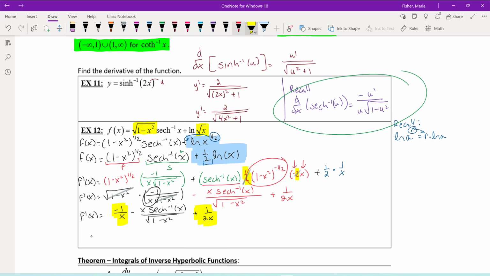Multiplying this first fraction by 2, this becomes 2 in the numerator and 2 in the denominator. So now I have negative 2 over 2x plus 1 over 2x. So the final answer here would be negative 1 over 2x minus x times the inverse hyperbolic secant of x all over the square root of 1 minus x squared.